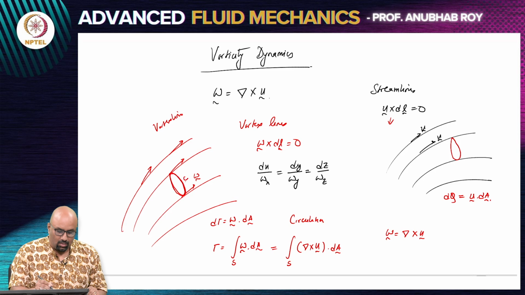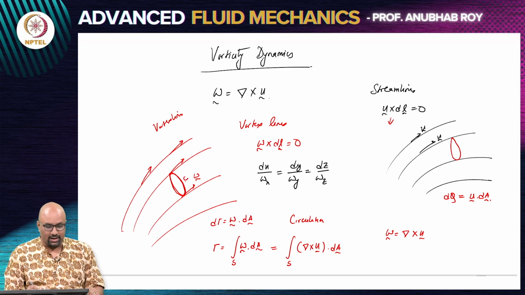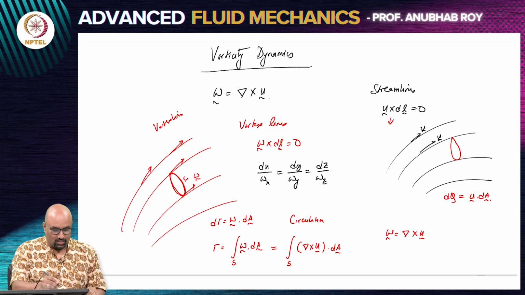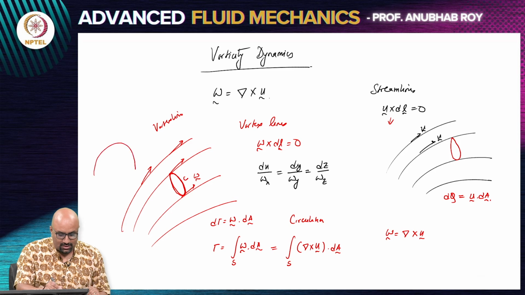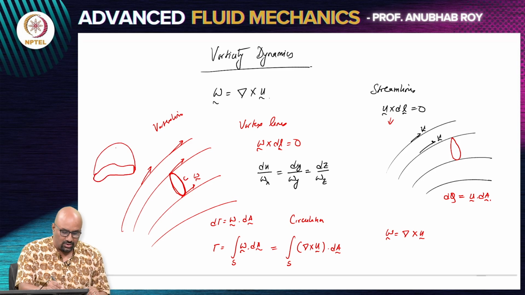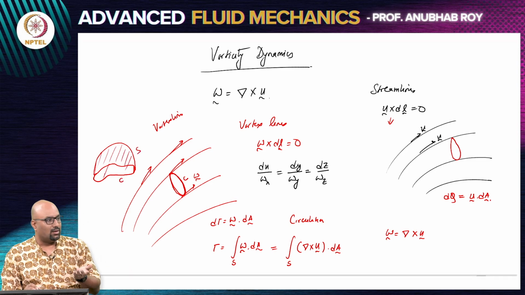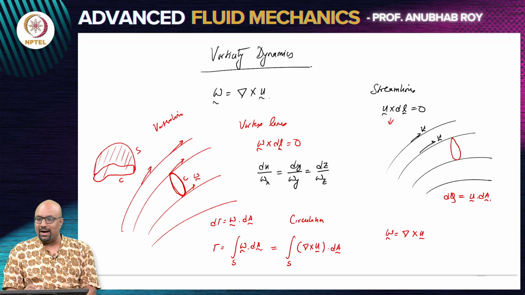There will be a contour or a curve that is bounding that area. So, if you want a more complicated shape of a surface, imagine that there is a surface like this, which is the surface, and at the bottom that surface is bounded by that particular curve, the contour.